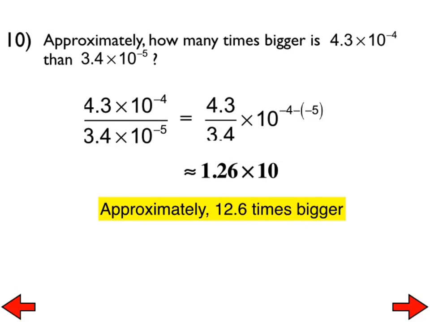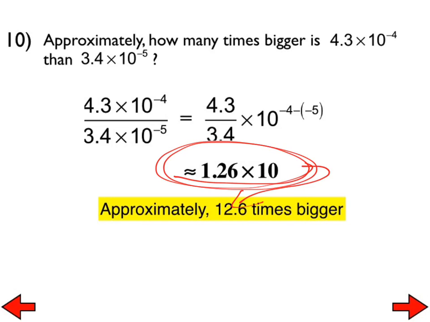But we do need to convert that to a number so it makes a little more sense. So 4.3 times 10 to the negative 4 is approximately 12.6 times bigger than 3.4 times 10 to the negative 5, because this in standard form is 12.6. All right, any questions? All right, we are finished.